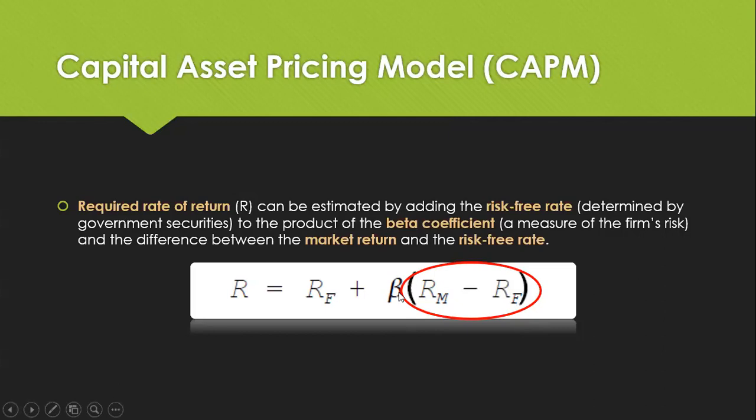Multiply it directly to the beta coefficient. But if what is given is the market return without the word premium, you need to deduct the risk-free rate first before you multiply the amount to the beta coefficient. Okay? I hope you get it. Later we will try to solve problems to make sure our understanding of this formula is correct.